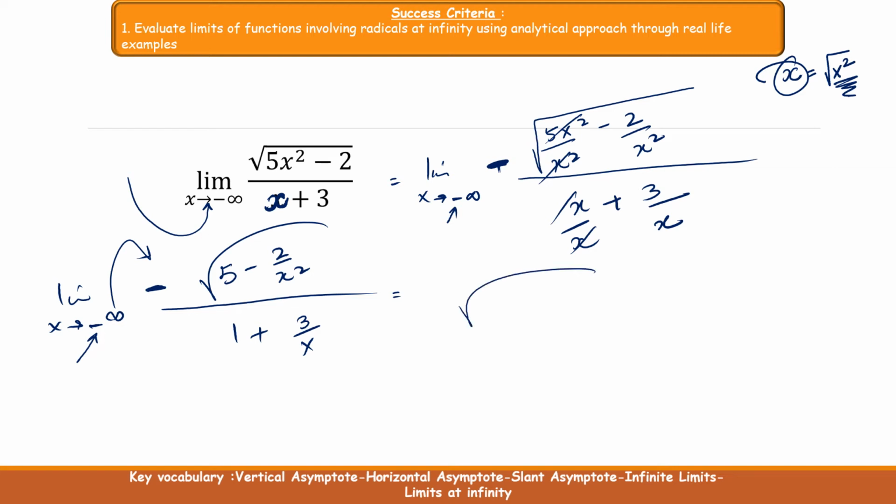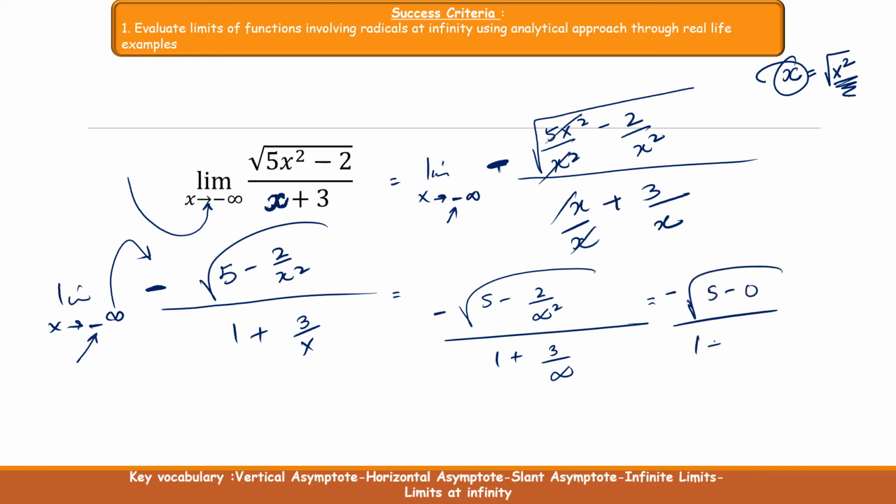So square root of 5 minus 2 over infinity square, which means infinity, and 1 plus 3 over infinity. The above one gives me 5 minus 2 over infinity is 0, and 1 plus 3 over infinity is 0. So the answer will be negative square root of 5.